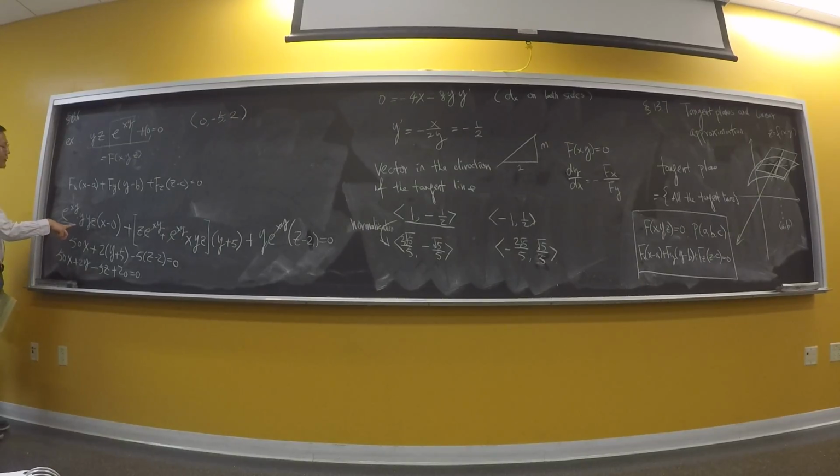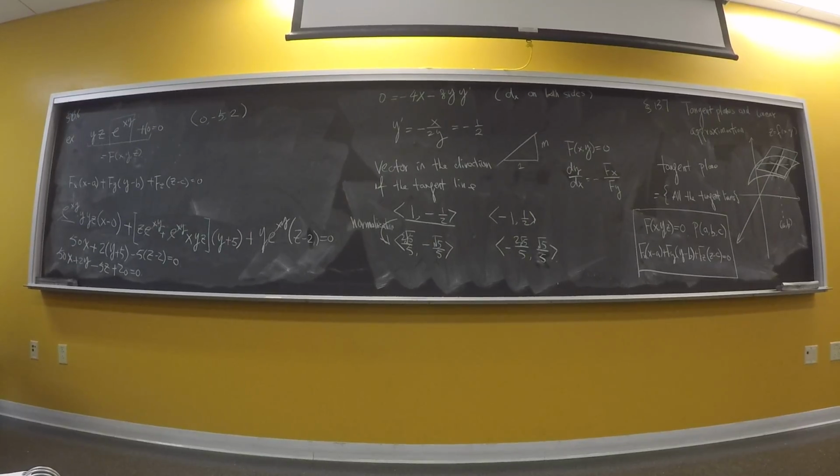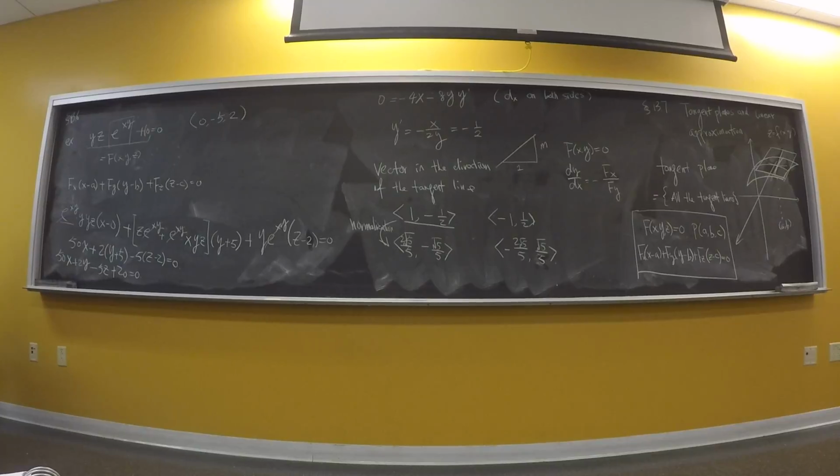Let's see, I'm taking the derivative with respect to x. So minus 5 times z equals 2, so we're getting 50 right here. Michael says it's just the 10, the constant at the top, which all goes away.